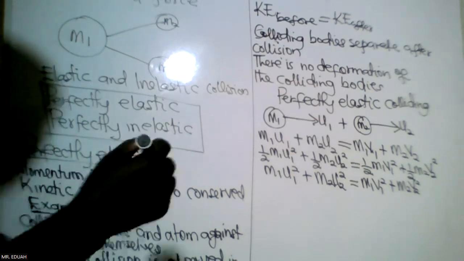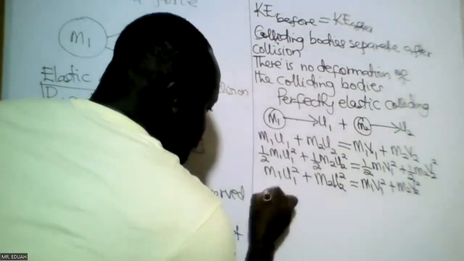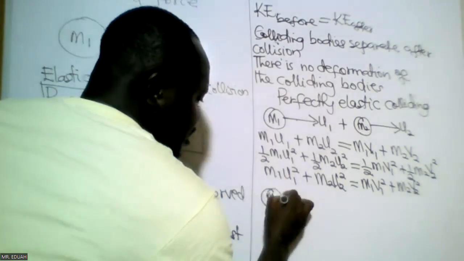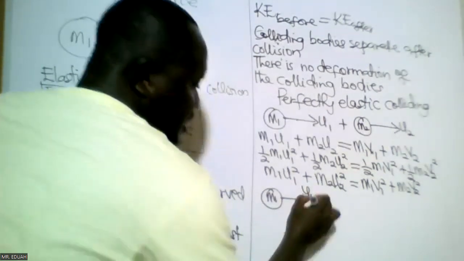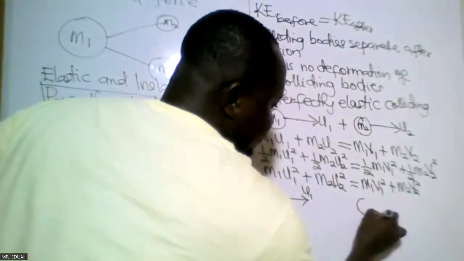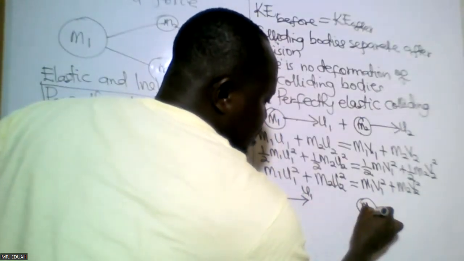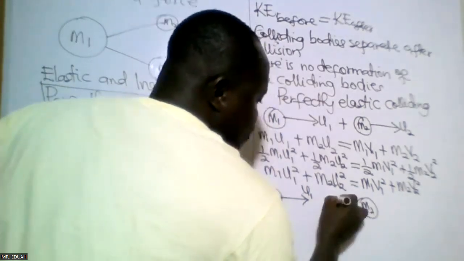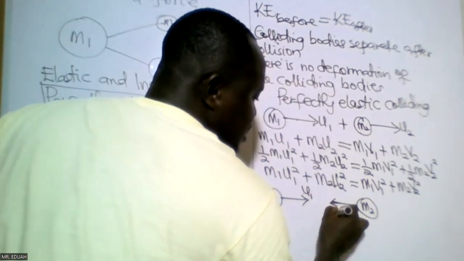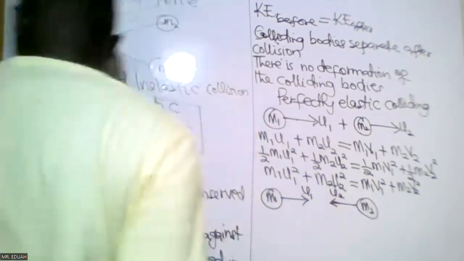So in this case, we can have M1 moving due east with velocity U1. And we can also have M2 moving oppositely to M1 with a velocity U2.